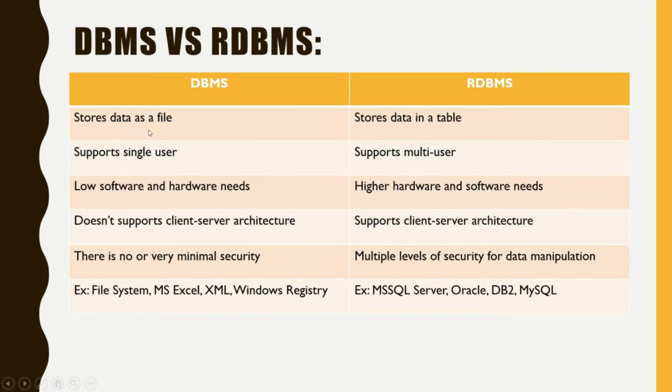Now let's look at difference between DBMS and RDBMS. DBMS stores data as a file, that is Excel or Notepad, whereas RDBMS stores data in a table, that is into rows and columns. DBMS supports single user, that is only one user can access your desktop file at a time, whereas RDBMS supports multi-user, that is n number of users can simultaneously access the database at a time.